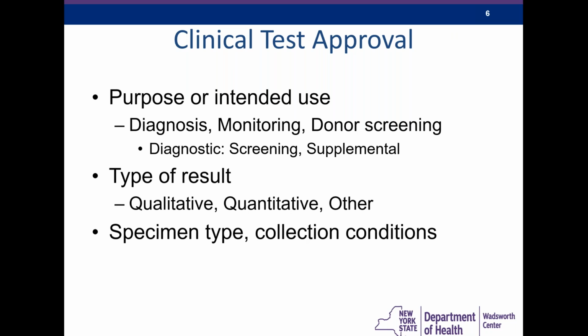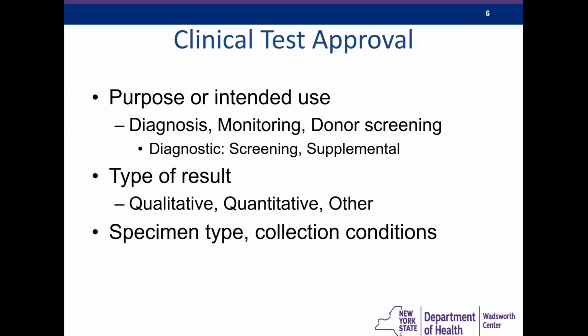So either the test will be used for diagnosis or for screening donated blood, for example, or it may be indicated for screening or supplemental use. They'll also specify the type of result, whether it's qualitative or quantitative, as well as certain specimen types and collection conditions that they have validated for. They also might specify whether it's pediatric, adult, all those types of conditions.